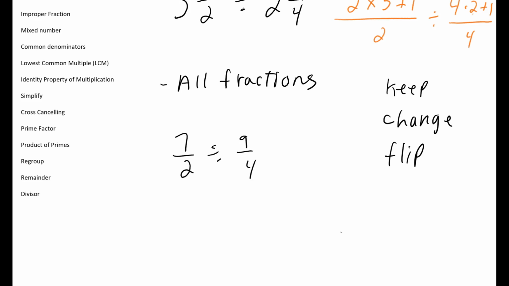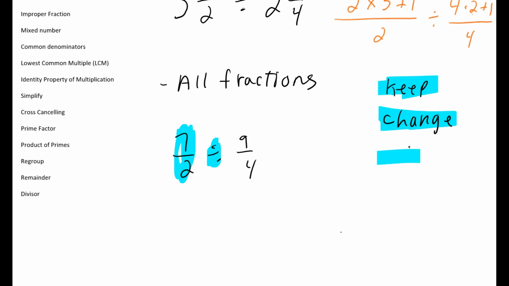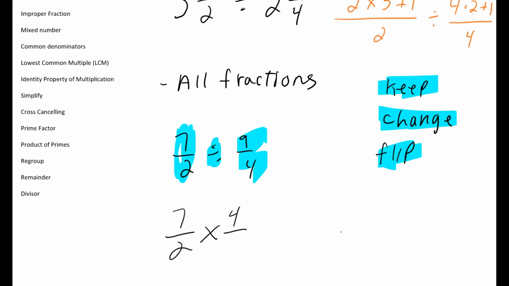I'm going to keep the first fraction, change the sign to the multiplication, and flip this fraction as I rewrite, so it would look like 7 over 2 times 4/9.